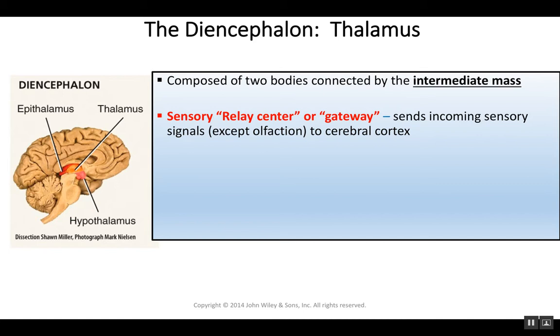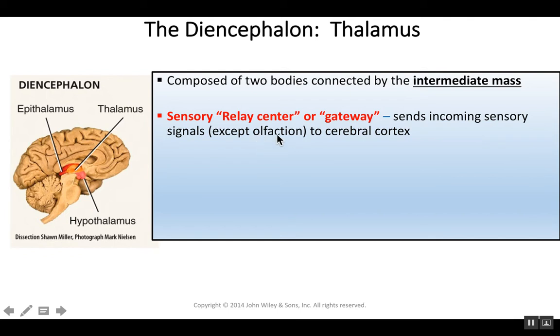Most, not all, but most of the sensory information coming into the brain, whether up the brain stem into the thalamus or by cranial nerves that attach to the brain, goes to the thalamus. And then the thalamus knows where it ultimately needs to go in the cerebral cortex, which is this larger outer part of the brain.